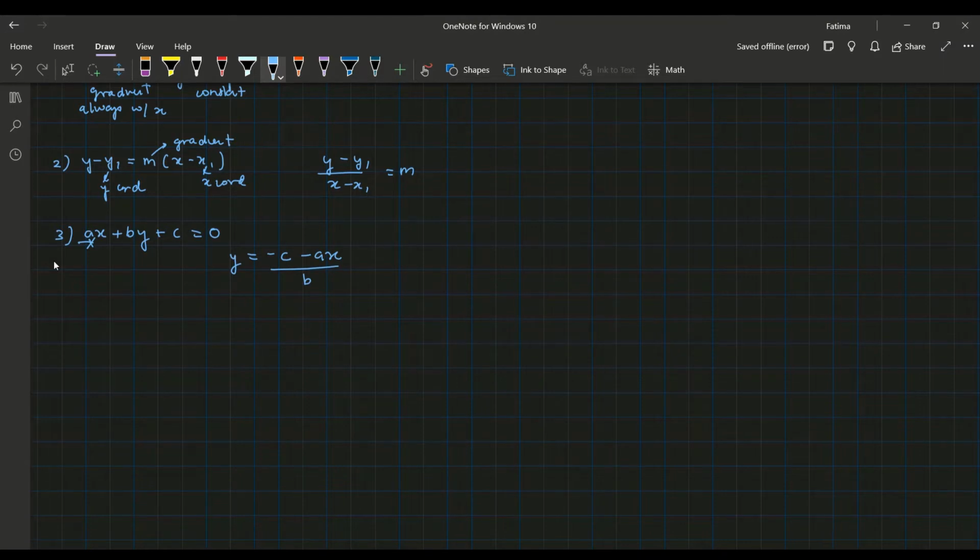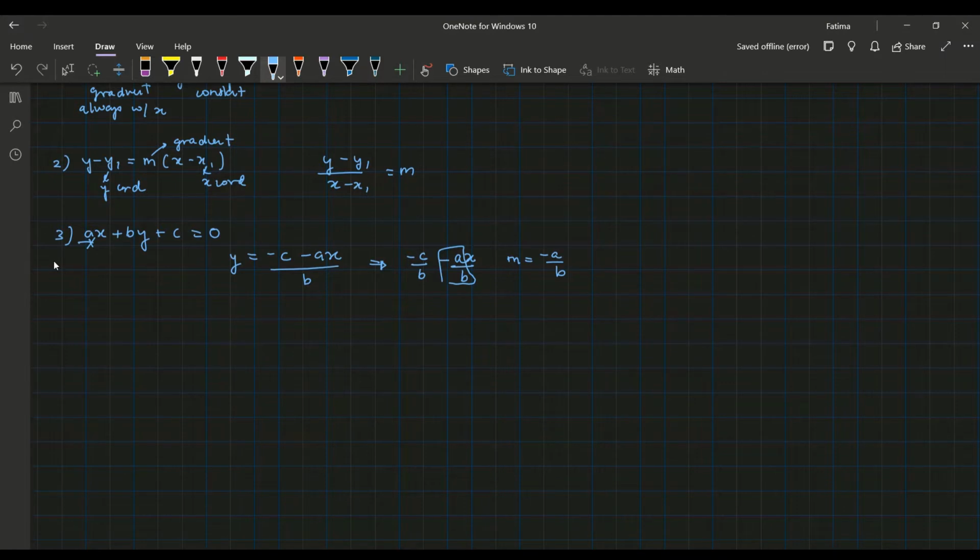Therefore, the gradient over here would have to be the coefficient of x. In this case, that would be minus a by b, because essentially this form can be written as minus c by b minus ax by b. So the coefficient of x would be negative a by b. So m, or the gradient, would be negative a by b.